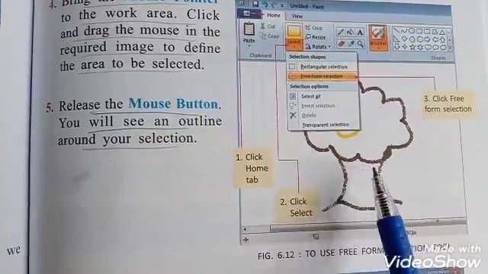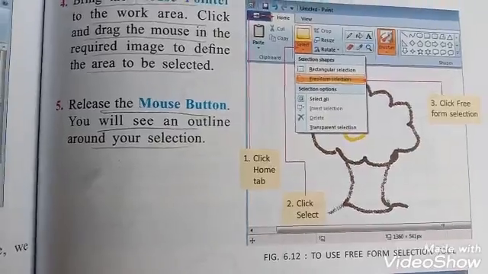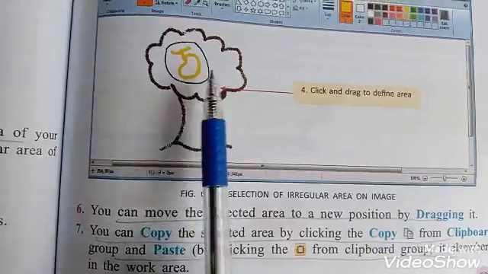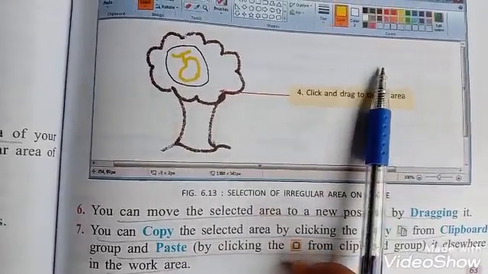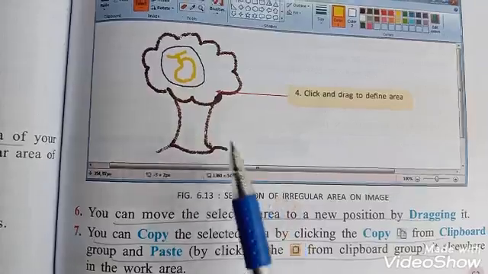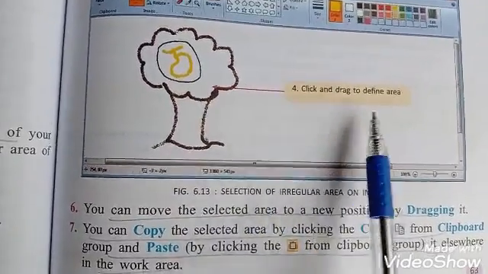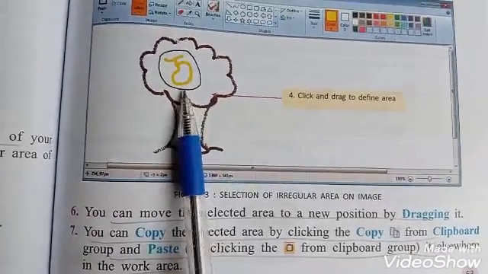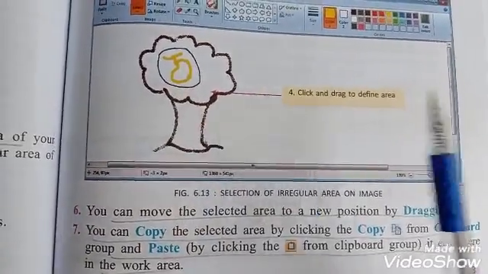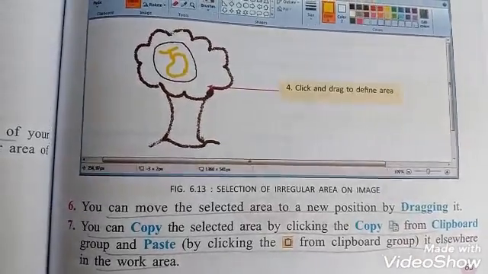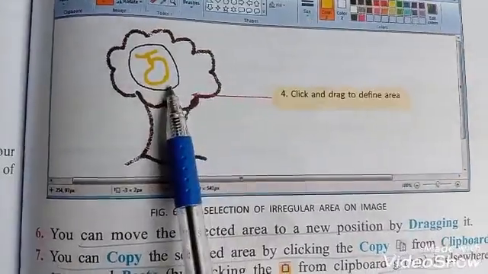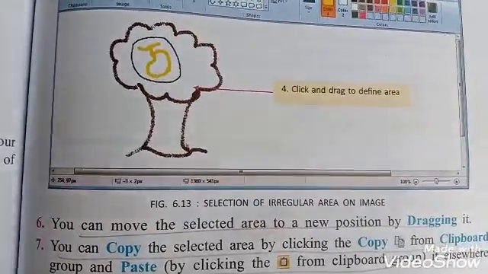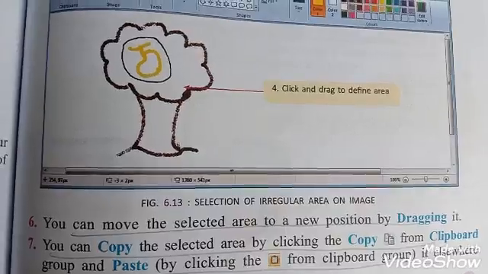Release the mouse button, you will see an outline around your selection like this, and you can move the selected area to a new portion or to another location by dragging it, and you can also copy, cut, paste in another form. You can also delete the selected part by clicking the delete option or cut option.